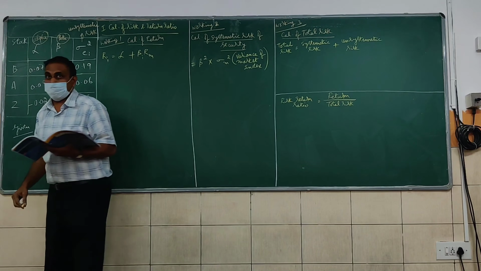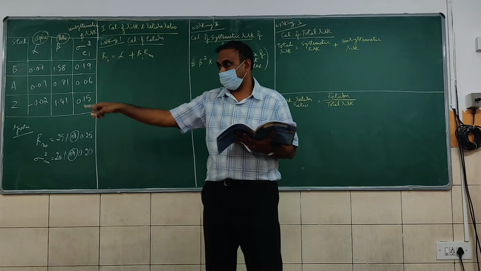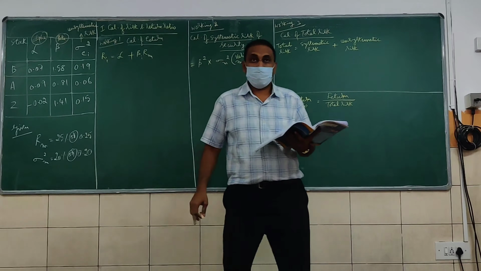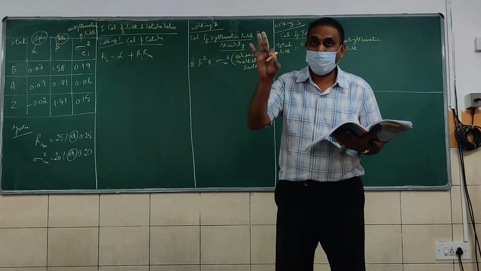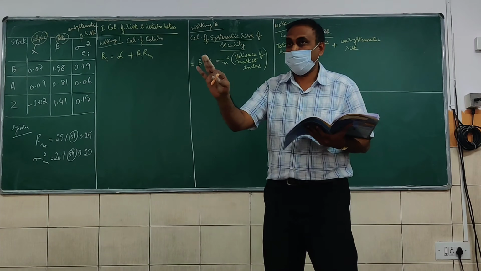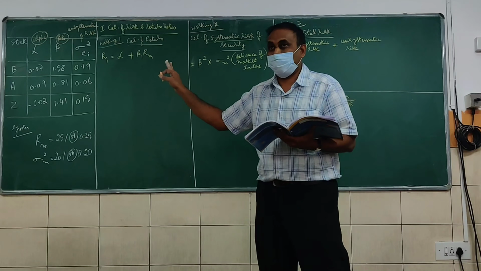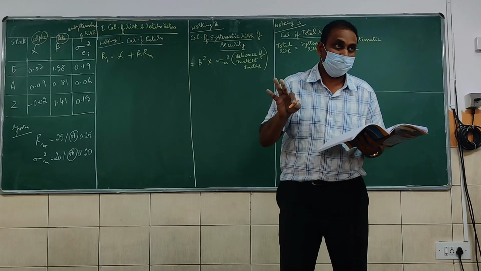So beta is given in the problem, correct? Alpha is also given in the problem, so we don't need to calculate that. Are you getting? Yes, sir. Alpha is given, beta is given, unsystematic risk is given. This is a typical case study problem, if not a 10 marks problem.